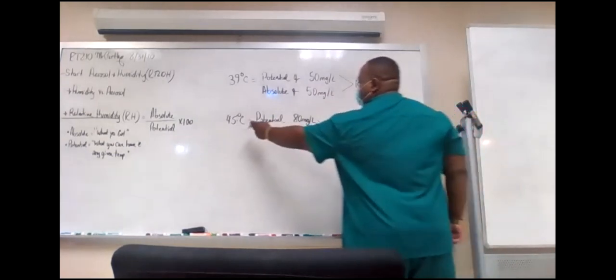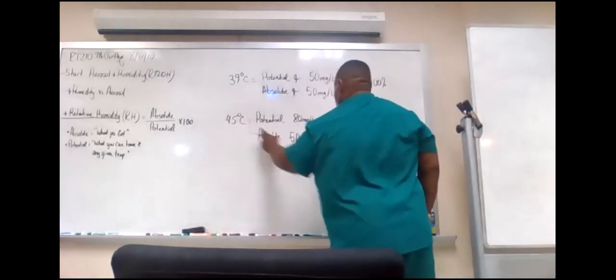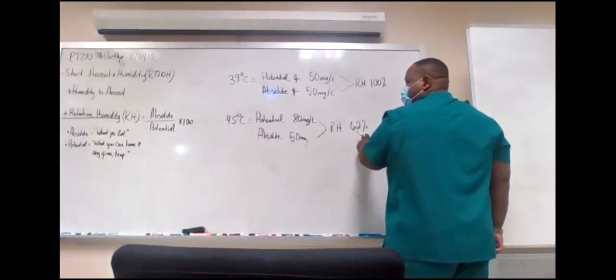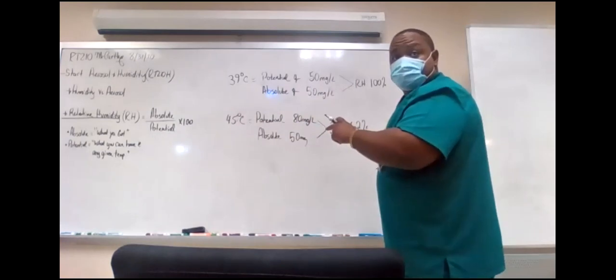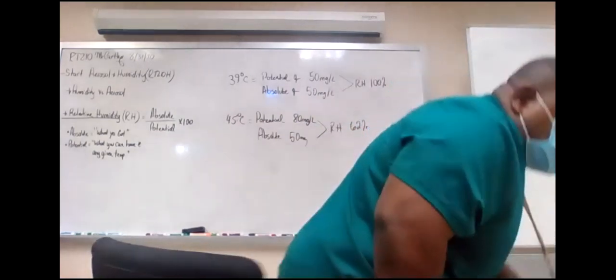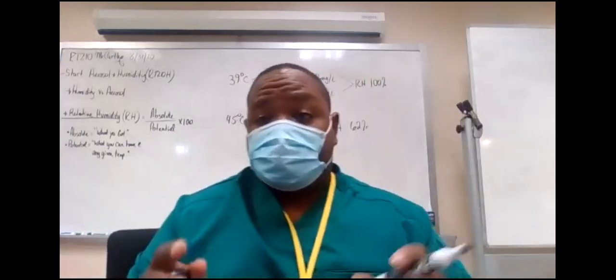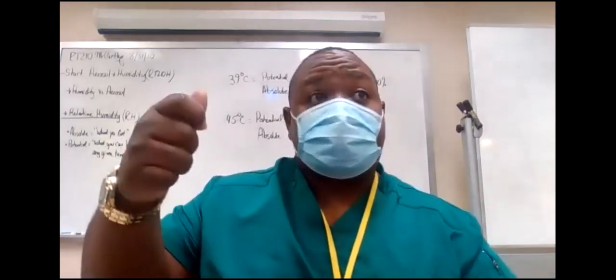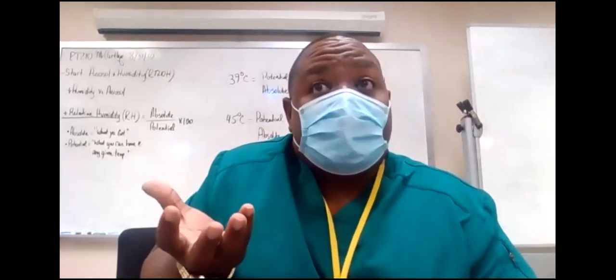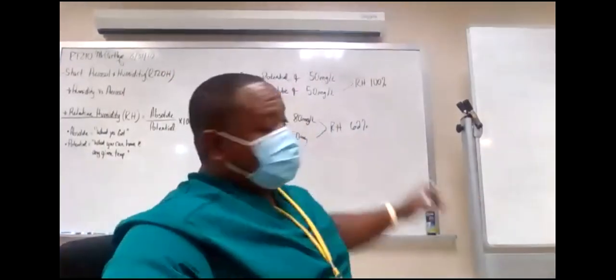So you see how the temperature went up, but the relative humidity went down. See that? Okay, so that's what they're trying to say. If you've got a machine that's giving a relative humidity of 100% and you up the temperature, the potential goes up, but that doesn't necessarily mean that the absolute went up. So the relative humidity goes down.